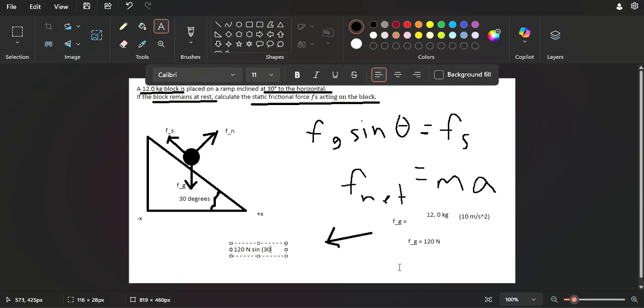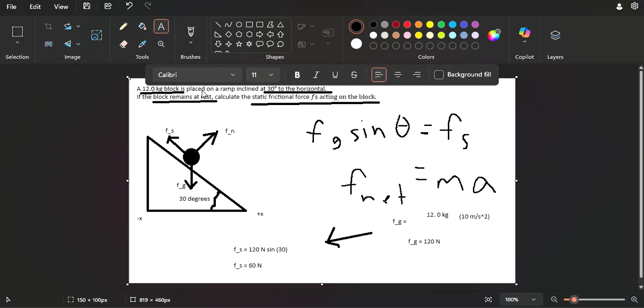I can't draw the degree symbol here, so I'll just say it out loud. 30 degrees. And if you do a simple calculation and plug it into my scientific calculator, this would result in F subscript s is equal to 60 newtons. And that is our final answer.